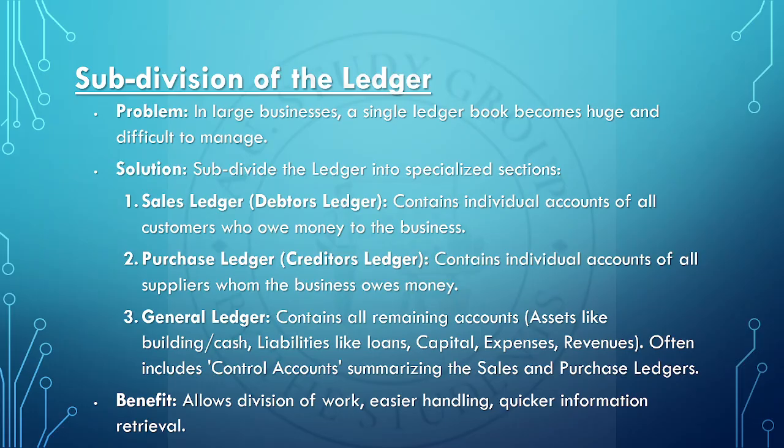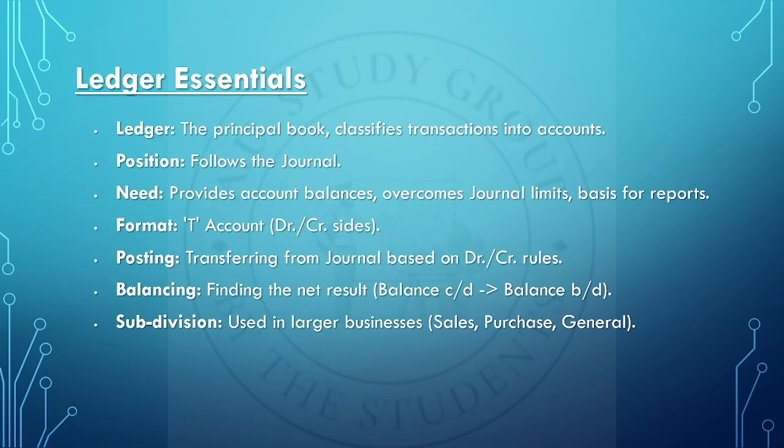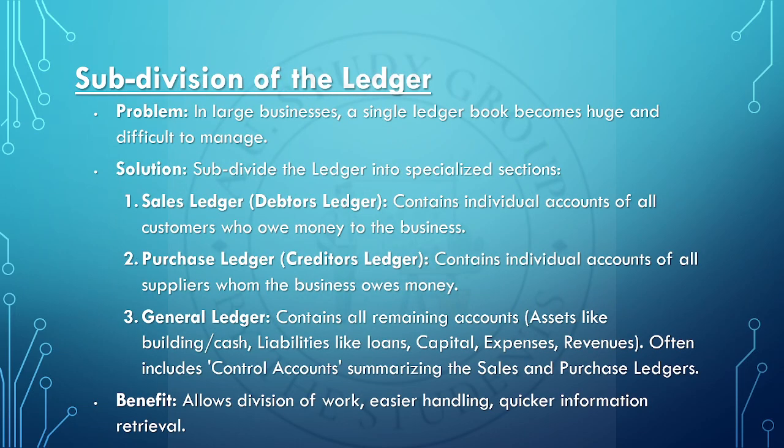All the rest like assets, liabilities, capital, expense, these are all general ledger. They all fall under general ledger. Now, why do they do it? To solve the problem, because a single ledger book becomes very huge and difficult to manage.